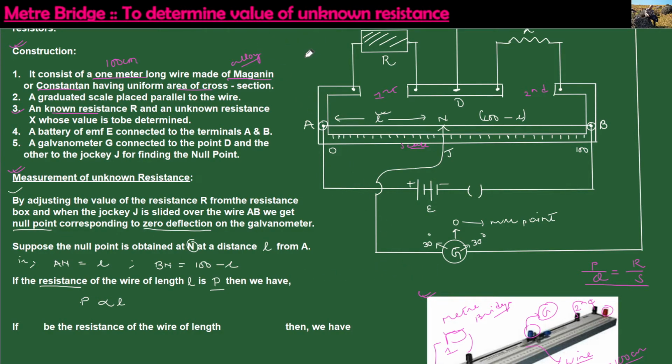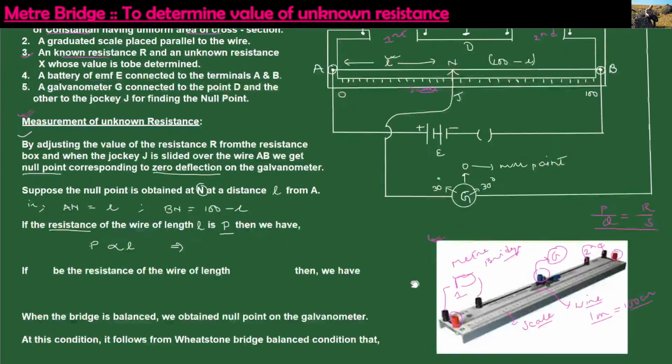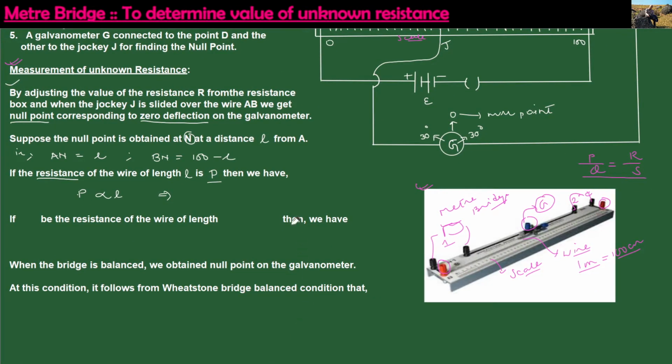Using this formula, we know that the resistance R of any wire is directly proportional to the length and inversely proportional to the area of cross section, which means R is equal to rho L by A, where rho is the resistivity of that material. So P will be equal to rho L divided by A. We can mark this as equation number 1.